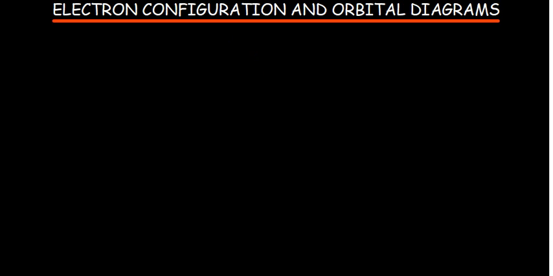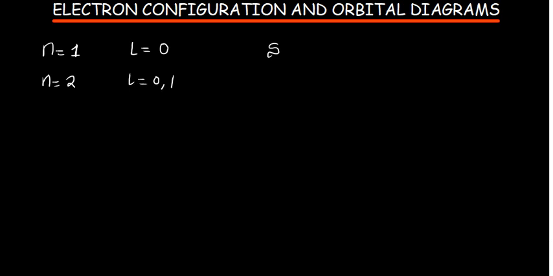Now remember, we mentioned earlier that for the first energy level, when n is equal to 1, L is going to be equal to 0, and when L is 0, this is an s orbital. For n is equal to 2, L is going to be 0 and 1.